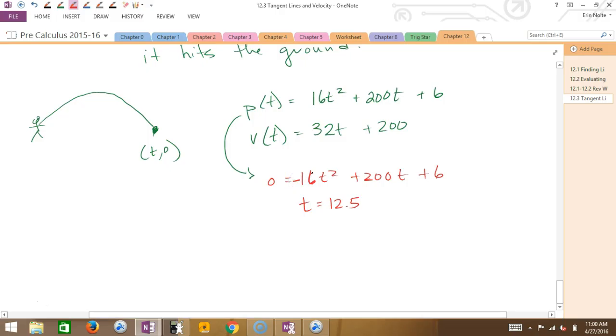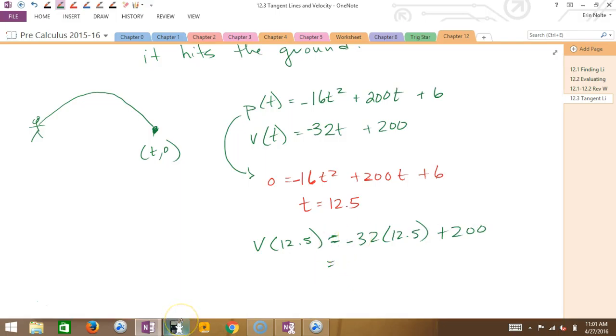Okay, so now what would I do? So now you're going to plug in 12.5. So obviously I didn't pick a very good real world scenario, right? 200 feet was too big. That'd be sweet though to see. So negative 32 times 12.5 plus 200.